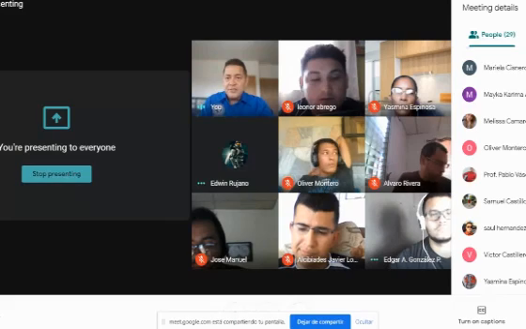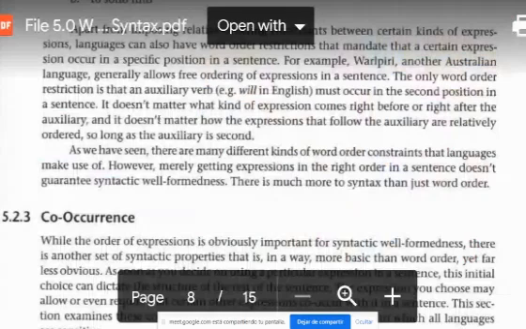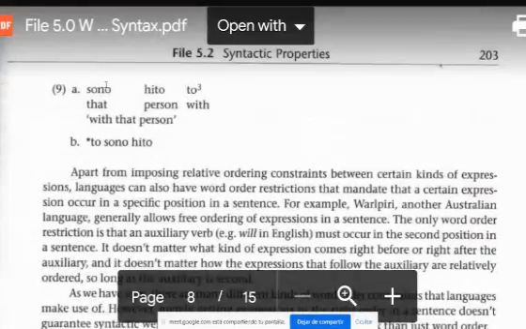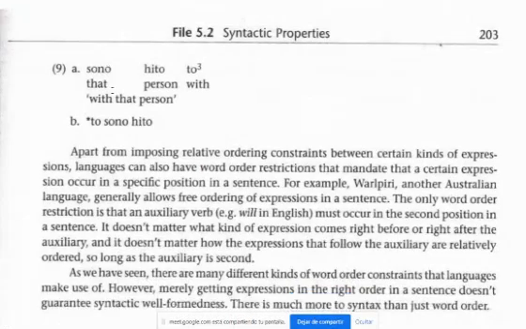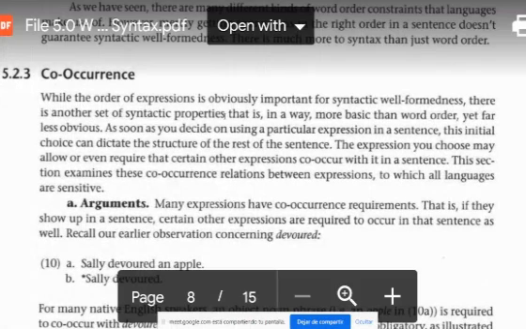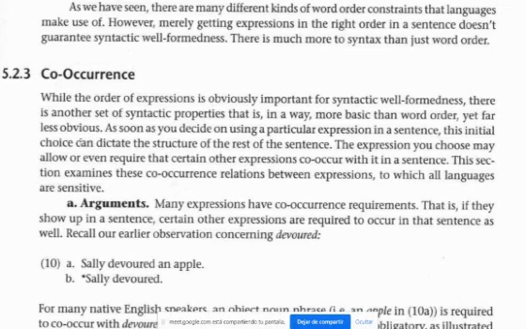I think we have to finish this very quickly. Let me see how many pages we have left. Co-occurrence is another aspect of syntactic property, and co-occurrence means what? While the word order of extraction is obviously important for syntactic well-formedness, there is another set of syntactic property that is in a way more basic than word order, yet far less obvious.